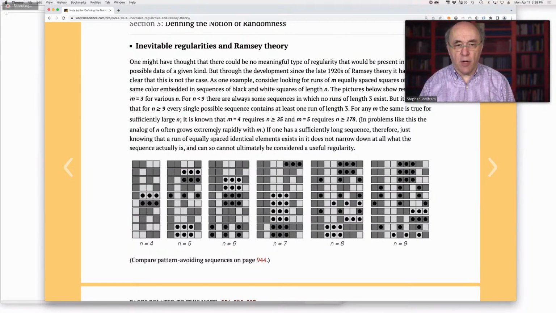It's a nice, simple example of the fact that, for example, arithmetic sequences, by just a combinatorial argument, there has to be some such regularity, even though it's an inevitable thing. It's not something that really gives you information that there is such a regularity.